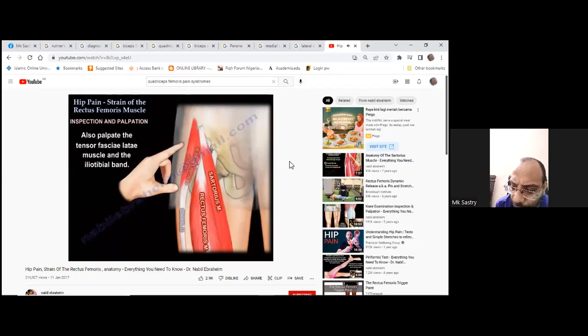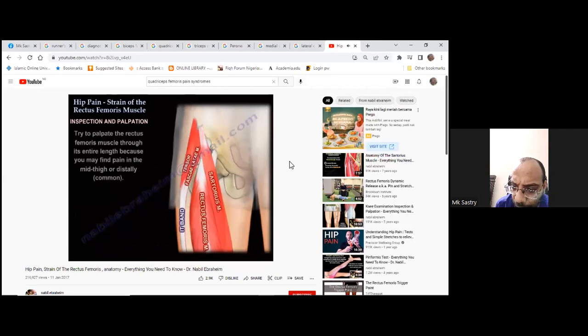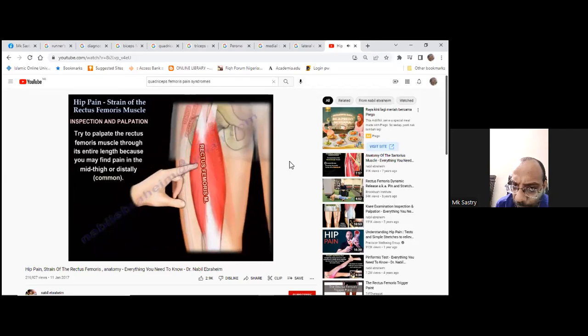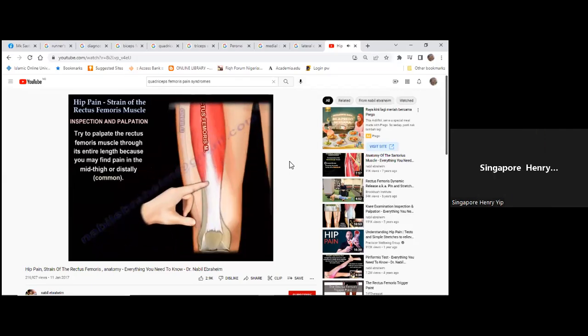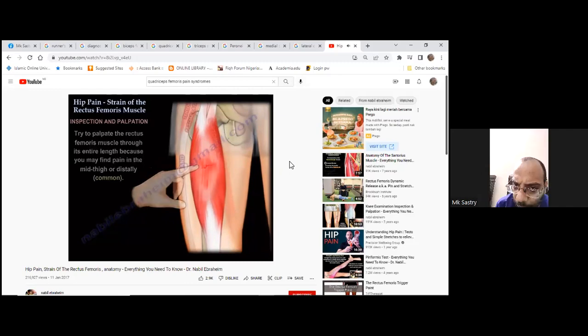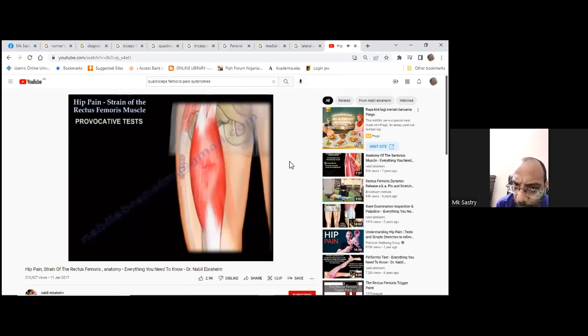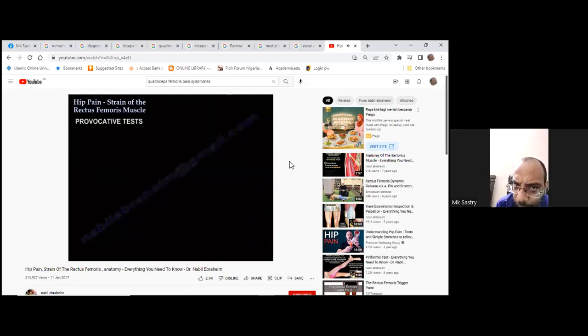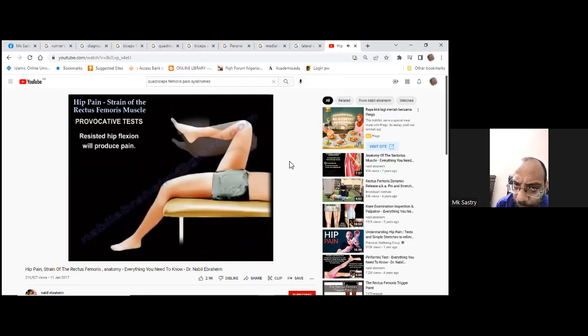You also want to palpate the tensor fascia lata, the iliotibial band around the hip area. Try to palpate the rectus femoris muscle through its entire length because you may find the pain in the mid-thigh or distally, which is common. Then you will do the provocative test. A resisted hip flexion will produce pain.